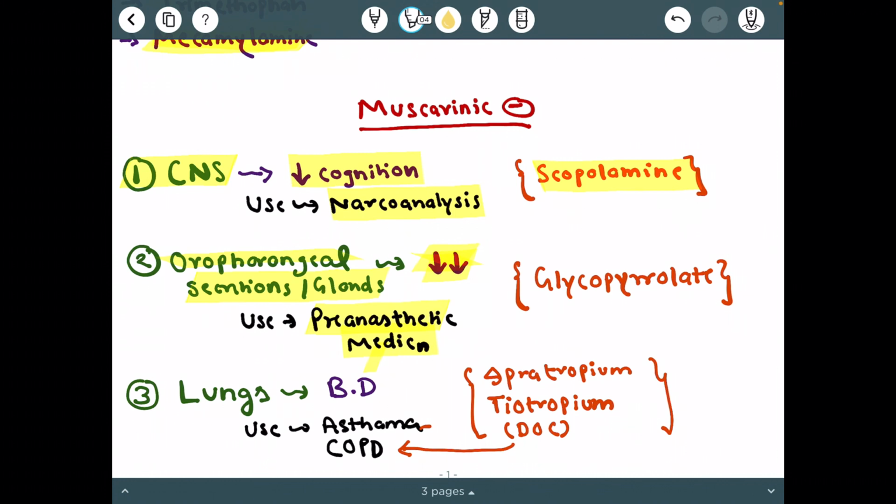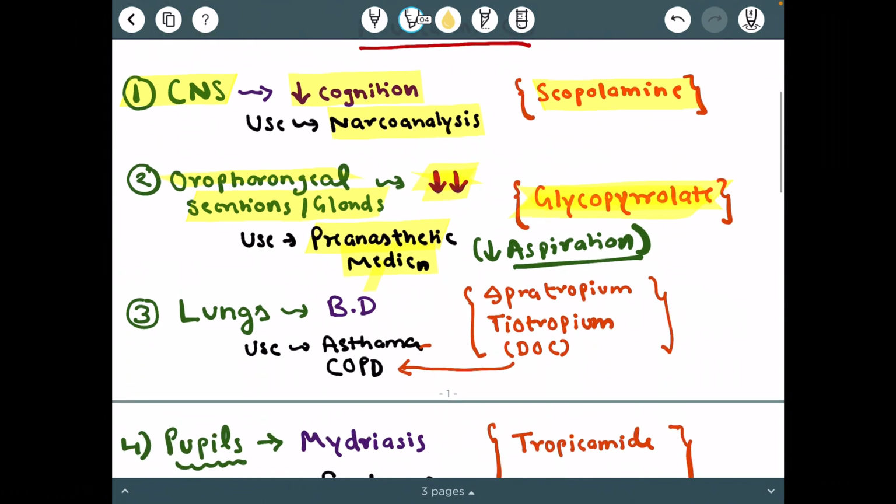There is decreased secretion, so there is decreased chance of aspiration. There we give glycopyrrolate as a drug. Before anesthesia we give this medication to decrease the secretion, so that there is no aspiration of saliva etc.